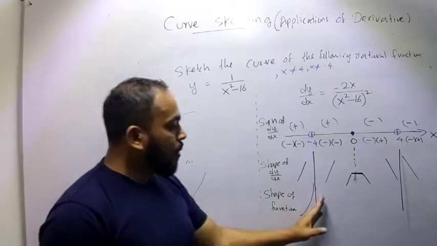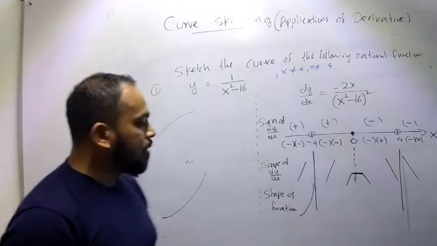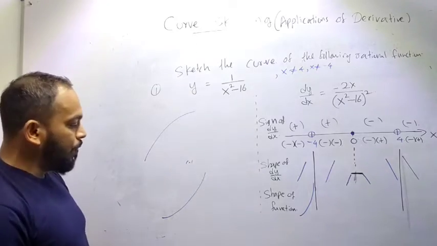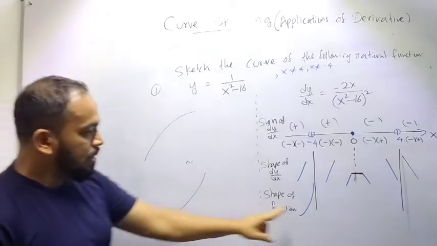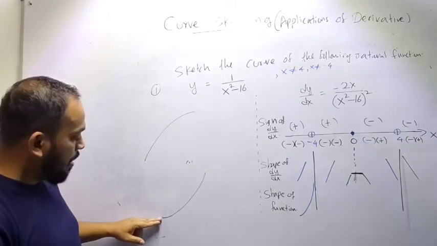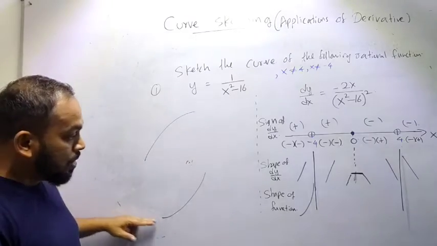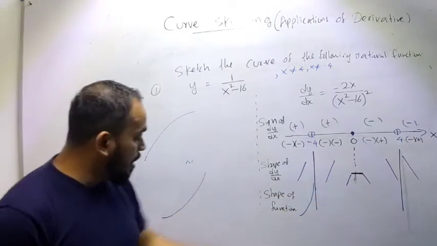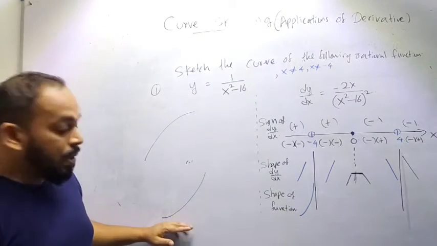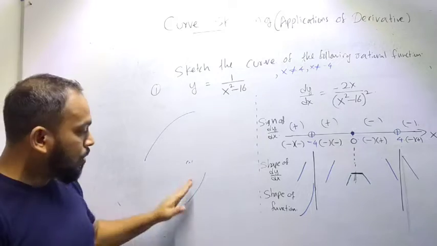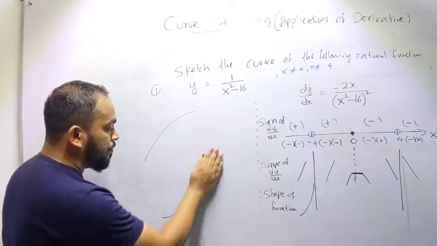Now it is moving away from the vertical asymptote. If we have this option on this side, then what will happen? It seems like the vertical line has been crossed by this function. So we cannot have this option here.